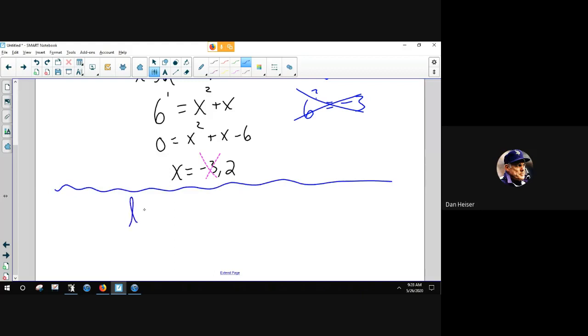Let's say I have this in an equation. Now negative 3 works. 3 subtract negative 3, well, that's positive 6. That works. Negative numbers are not automatically failures.